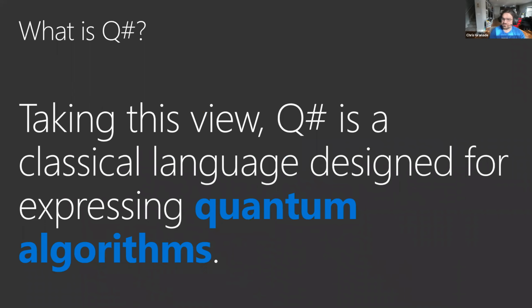So when I take that view, Q# is a particularly nicely suited classical language for the domain of working with quantum algorithms. One of the key points from that is that anything we know or learn about classical programming helps us out here as well when we go to write quantum algorithms in Q#.